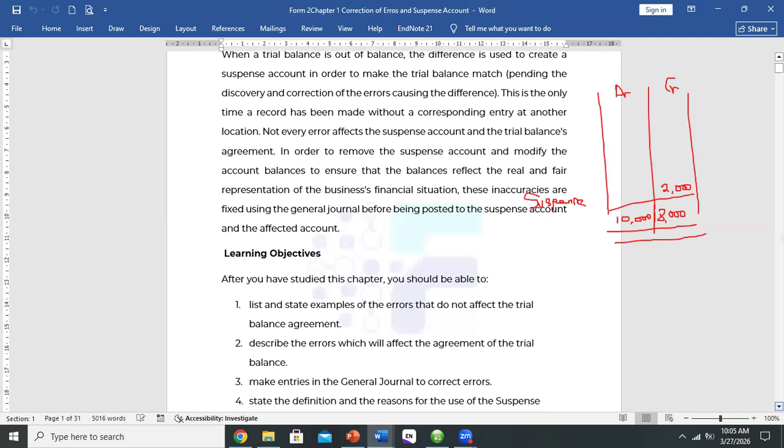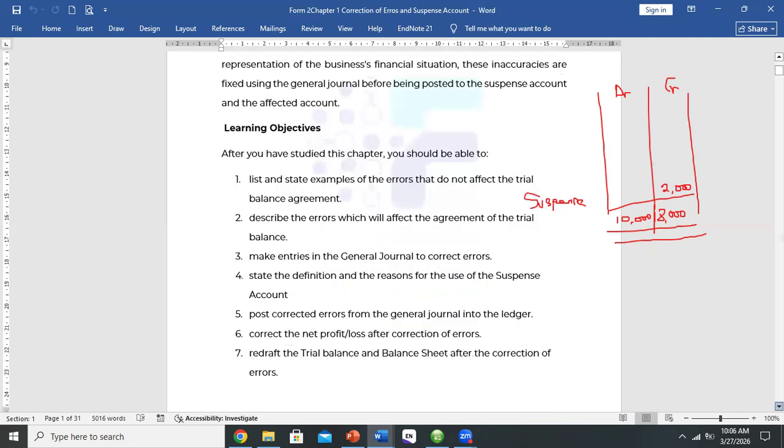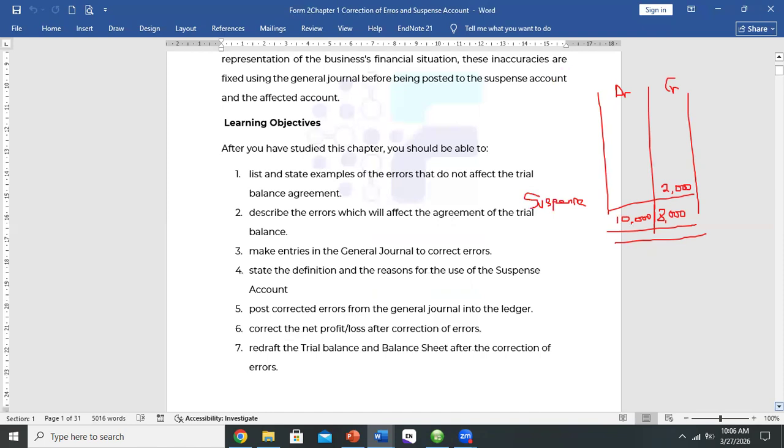Then we'll look at how to correct them using the journal entries. So we correct errors using the general journal by putting in the right entries. And of course, the suspense account, which I've briefed you about, will come into the picture. And sometimes you can even be asked to correct or adjust the net profit, because when you make errors, it will affect your profit.